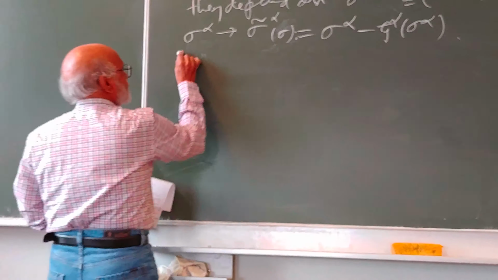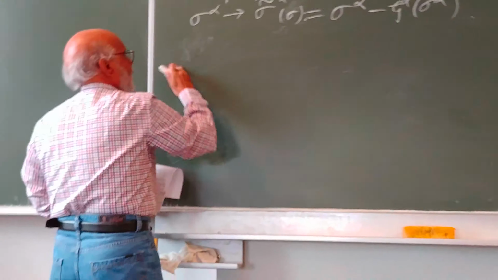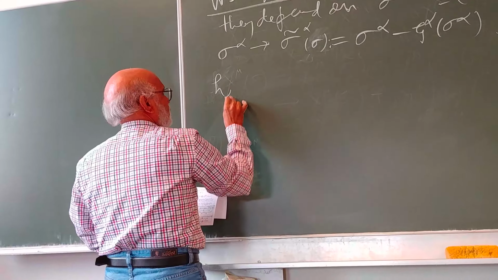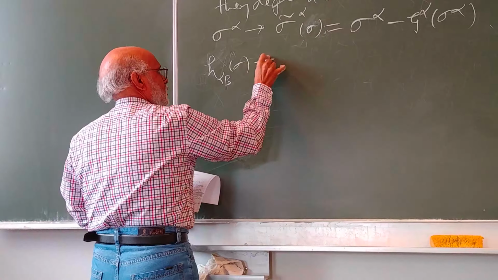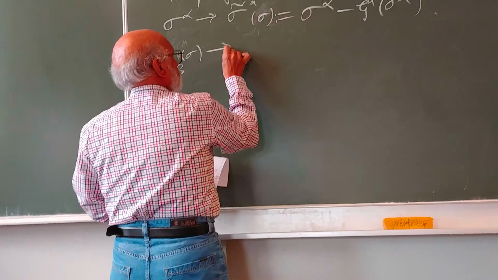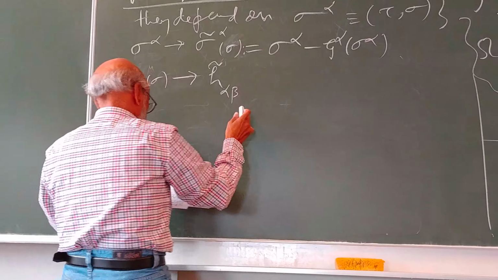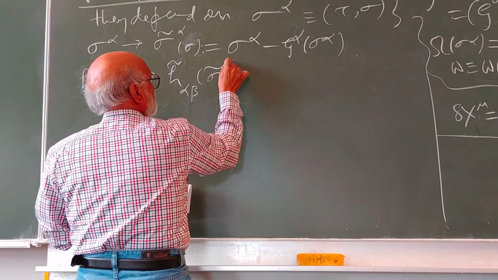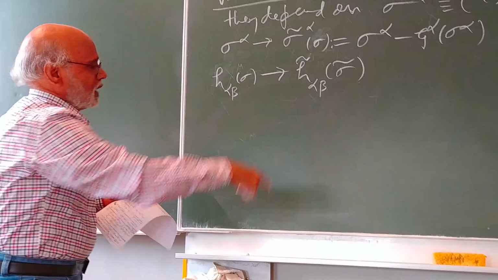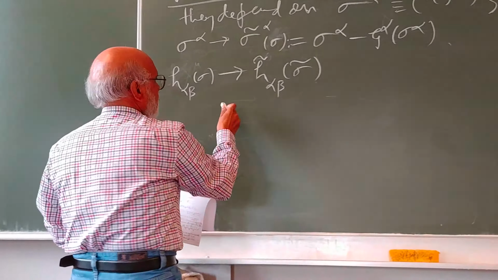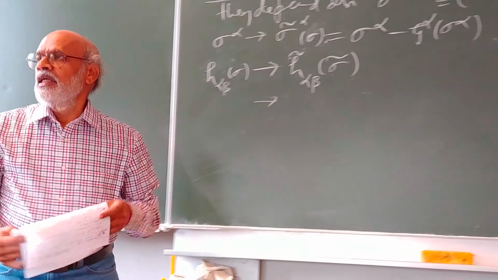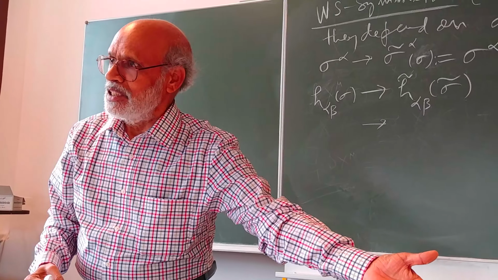So now h alpha beta of sigma goes to h tilde alpha beta of sigma tilde, where sigma tilde goes like this. Now this has to transform like a second rank tensor.